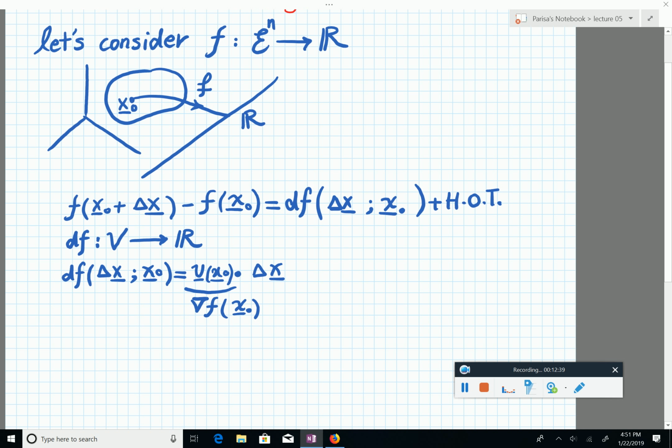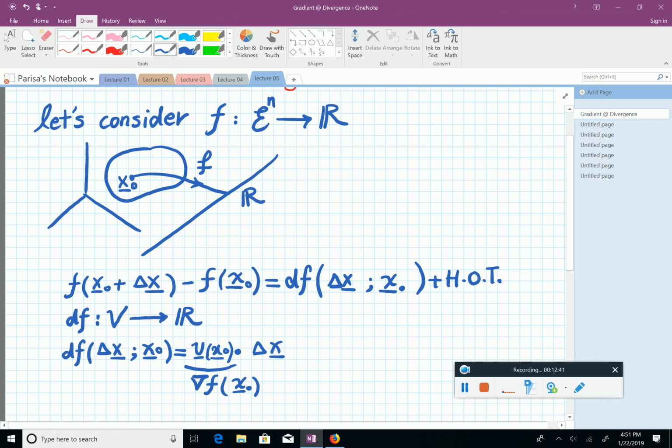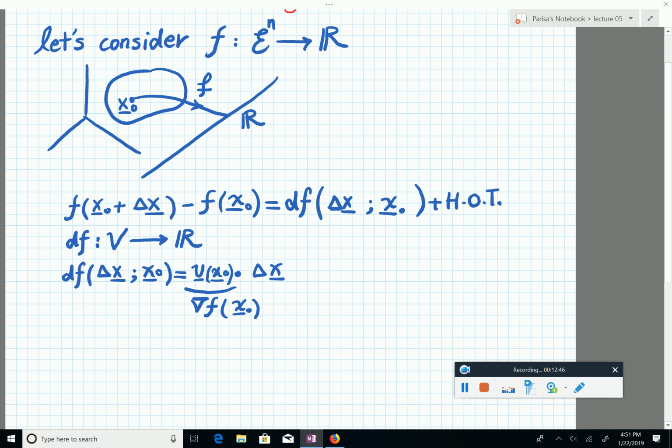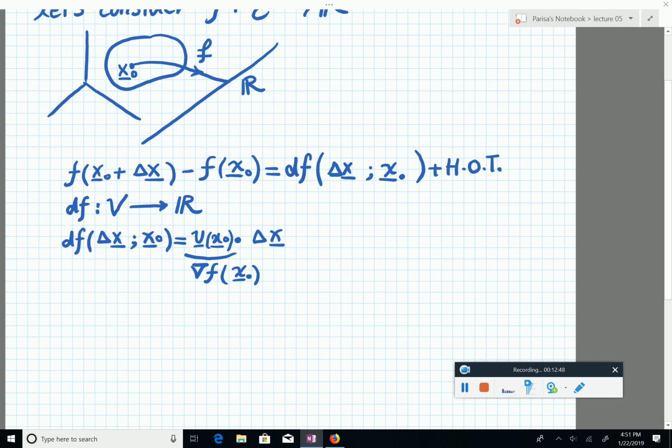So one thing very important, I write this in black, and I should remember to switch back to blue, because looking at the notes, I'm switching back and forth between blue and black. What kind of object is it? That's super important. It's a vector. Remember, the function was scalar valued, but its gradient became a vector. So it goes kind of one order higher, right?